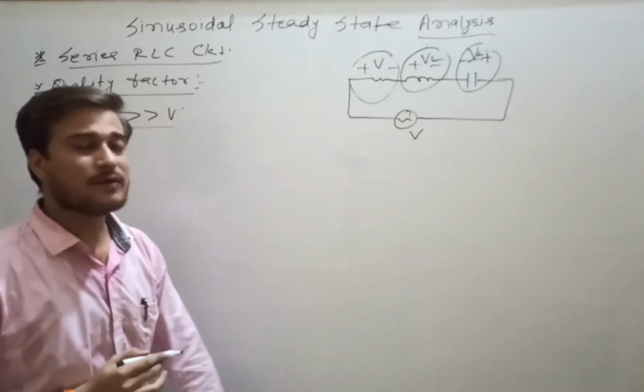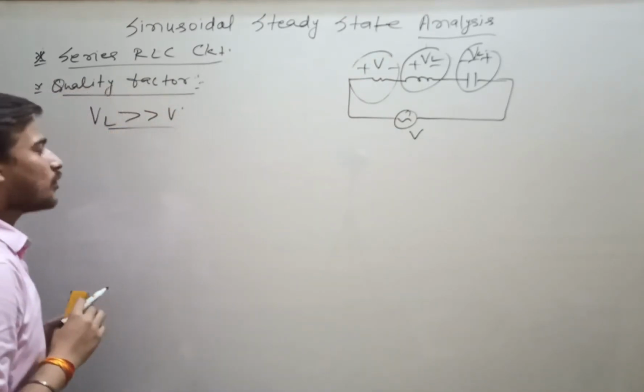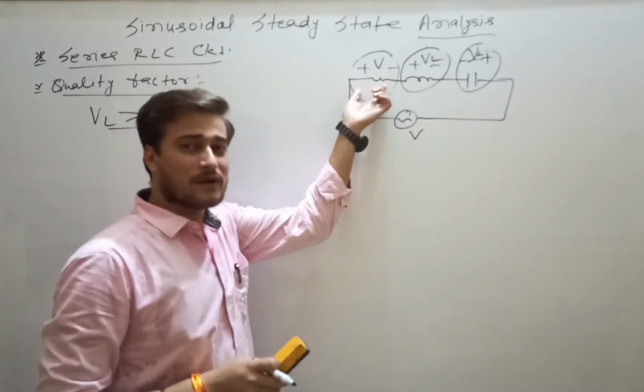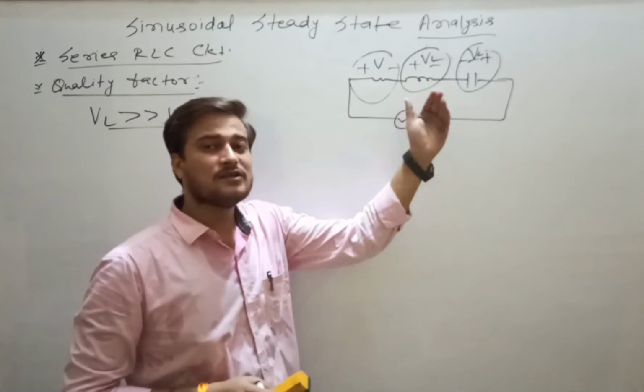You are making a circuit in which across one element power is being dissipated, and across another element energy is being stored.